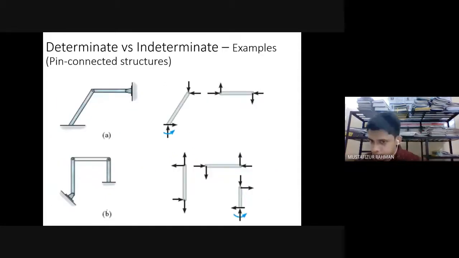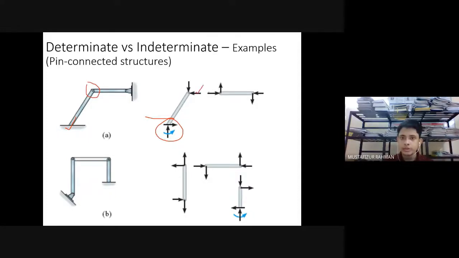Then these are some pin connected structures. Okay, pin support means hinge support. So these are going to be statically indeterminate. This is fixed, so we have three unknown forces here. We will have two here, we are just separating it out. We have two here, but ultimately they are the same.